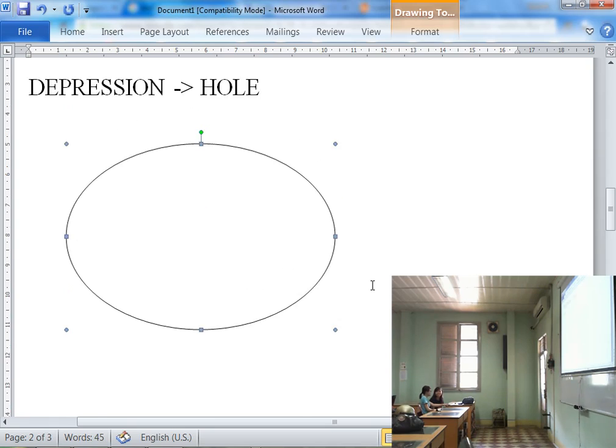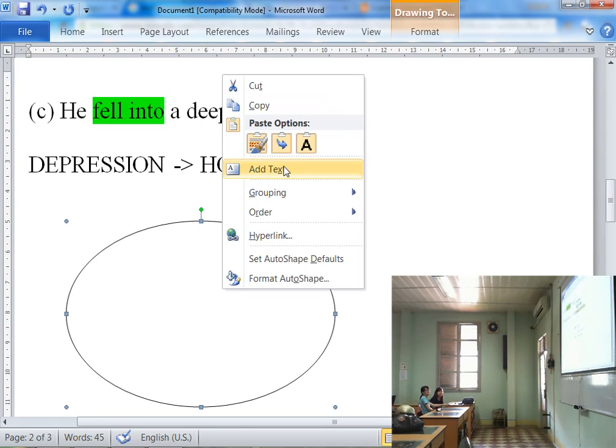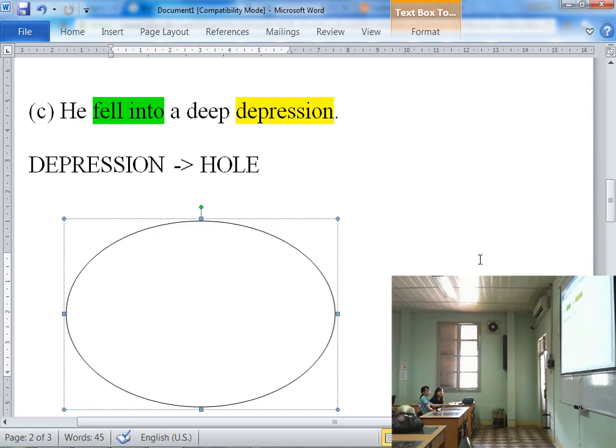Now give me some features or some concepts in the hole. You have depth. Deep or shallow. What else? Dark. What else? Yeah, you can be isolated. What else?